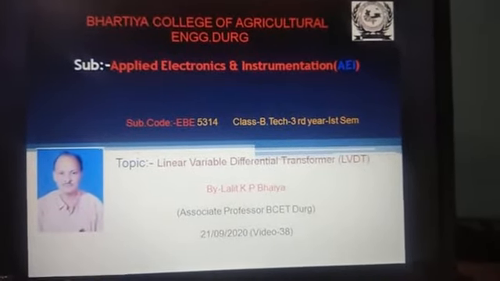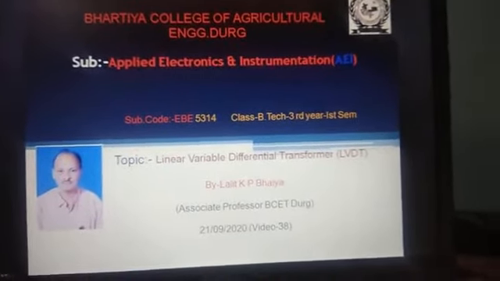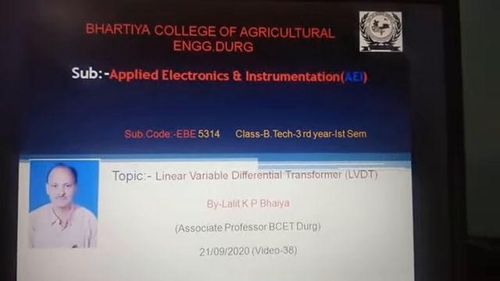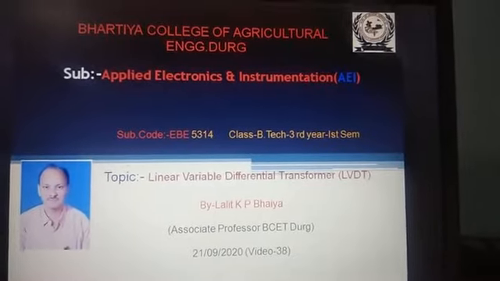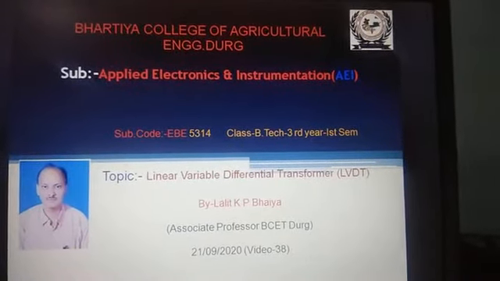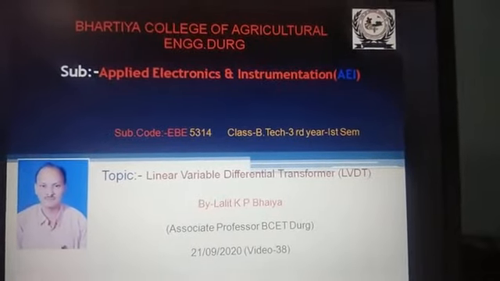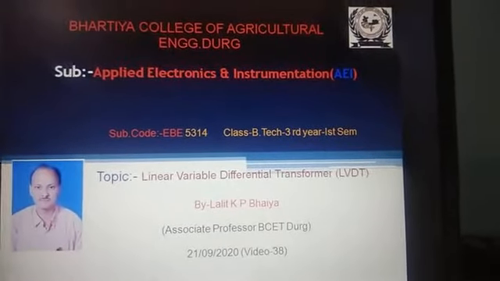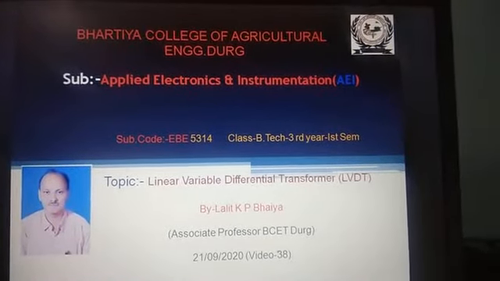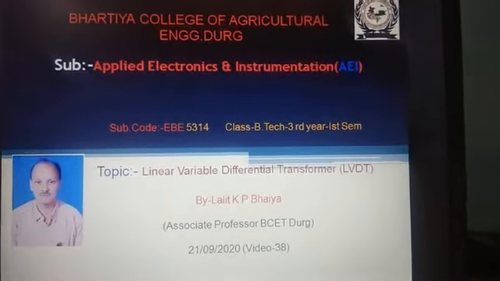Now one of the parts of this instrumentation system, in your syllabus and a very important instrument or device, is the LVDT, called a linear variable differential transformer.